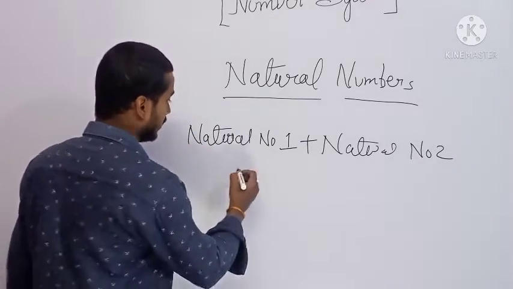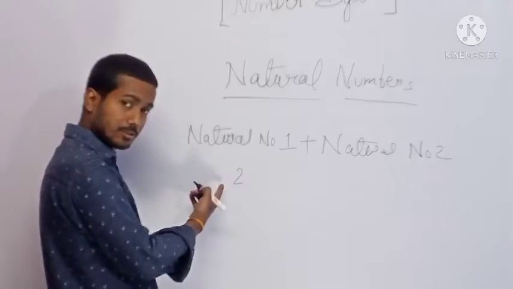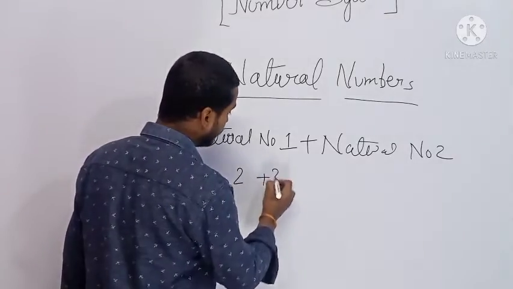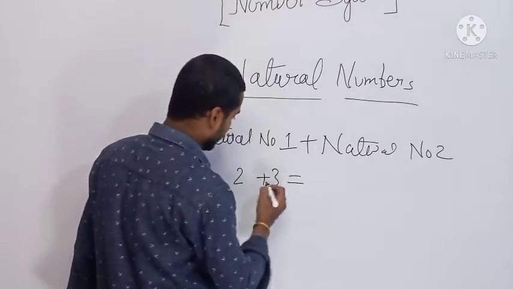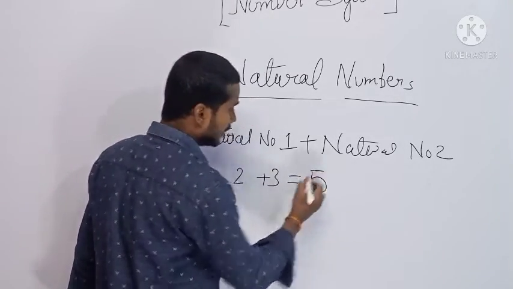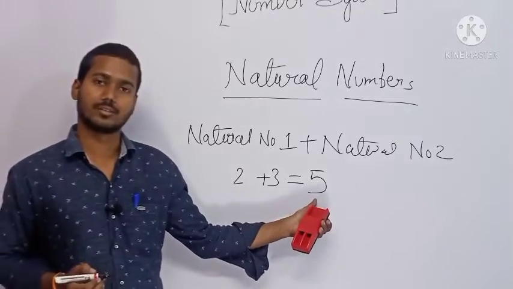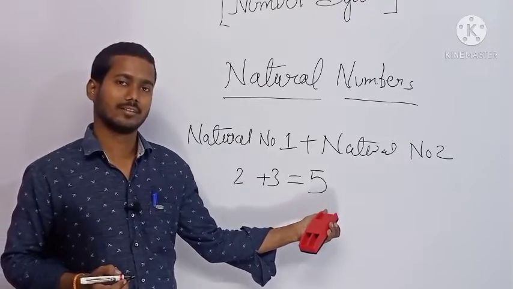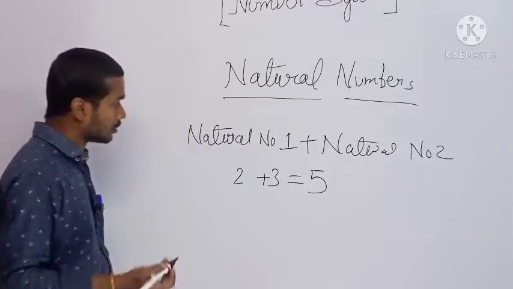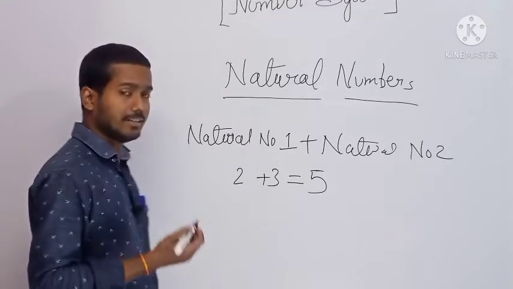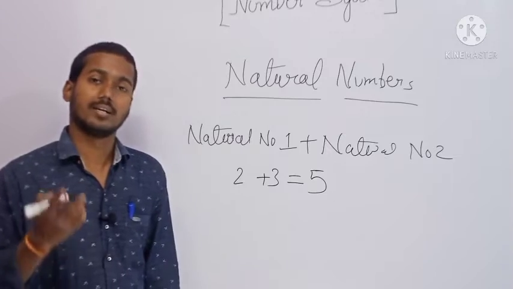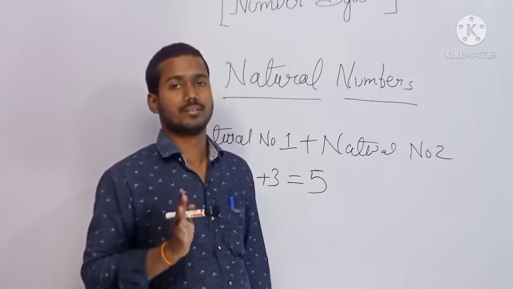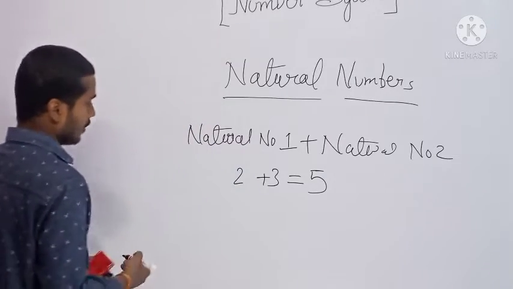Let's take an example. 2 is a natural number, and 3 is a natural number. Let's add them: 3 plus 2, we get 5. So 5 is also a natural number, right? The basic idea is that on adding two natural numbers, we always get a natural number, right?